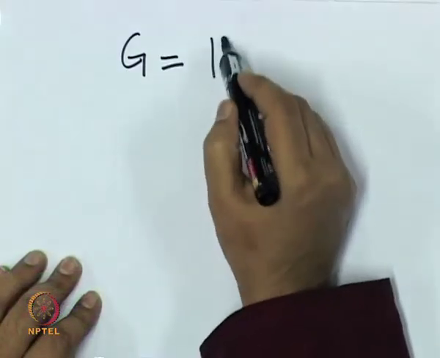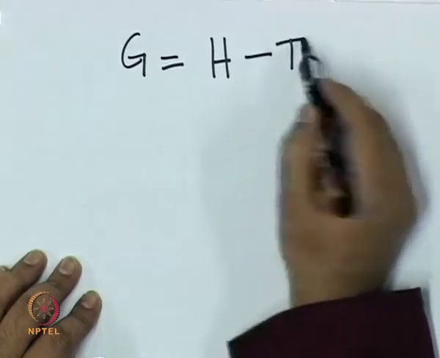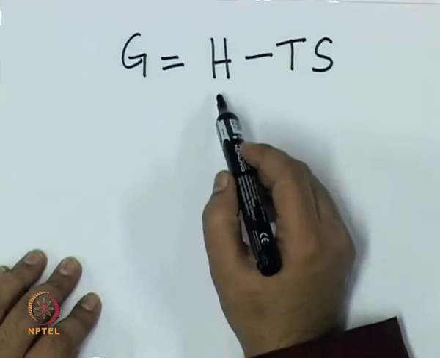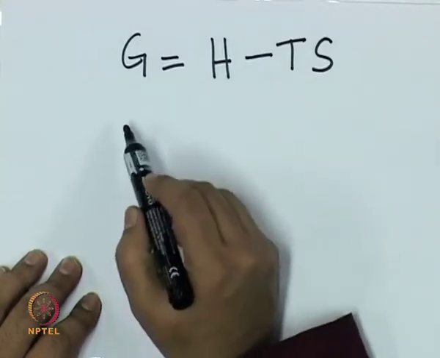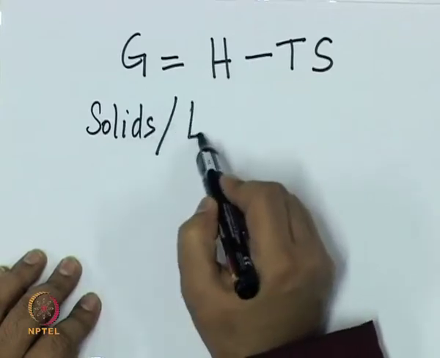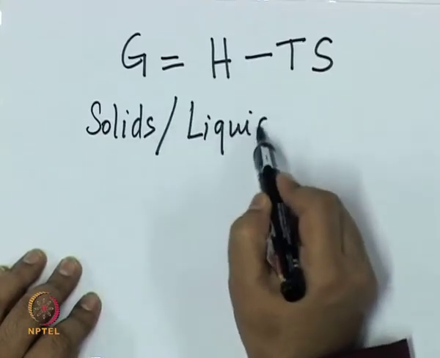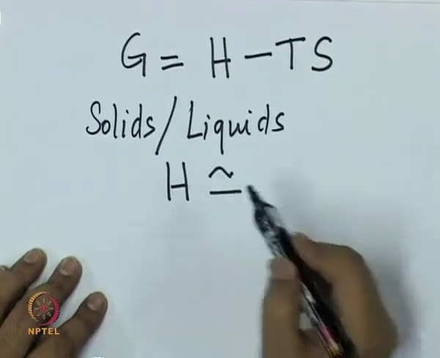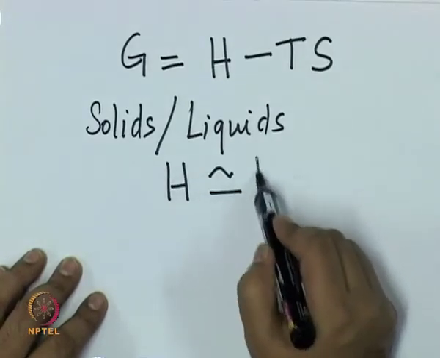We know that the Gibbs free energy is written as follows. The Gibbs free energy is nothing but the enthalpy minus temperature times the entropy. And in condensed systems, that is solids and liquids, it is a good approximation that the enthalpy is approximately the same as the internal energy.